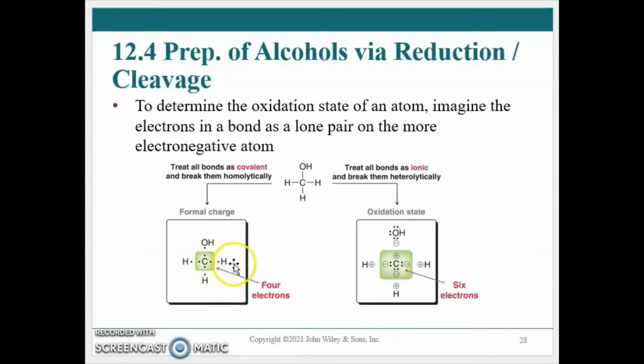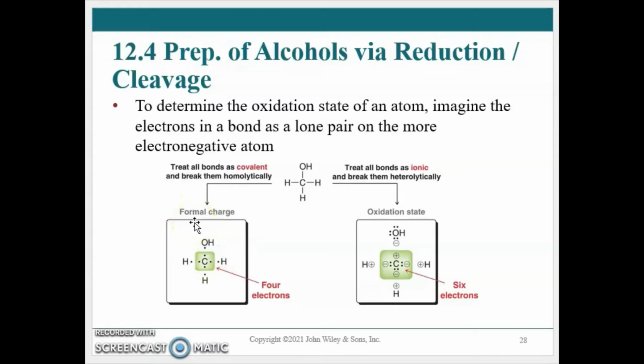In the case of methanol, carbon is a group 4 element, or group 14, depending on which numbering scheme you're looking at. So there are 4 valence electrons for carbon. If we split each bond homolytically, then carbon has 4 electrons, and the formal charge is 0.